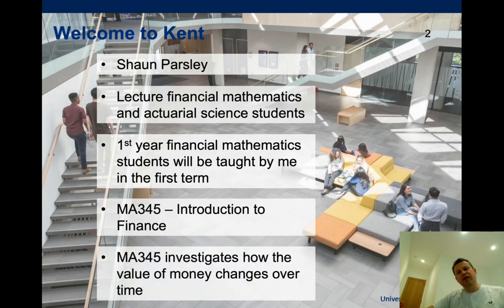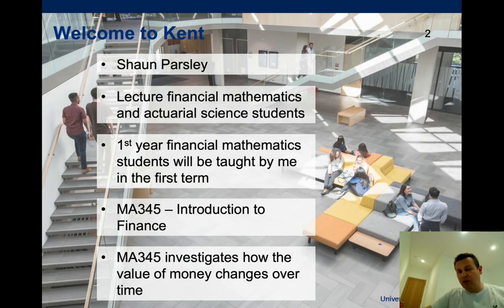So MA 345 is predominantly a financial mathematics module. There are some other small elements to it which you need to help with your studies further along at Kent. But most of it's around learning the skills to be able to conduct financial mathematics well.